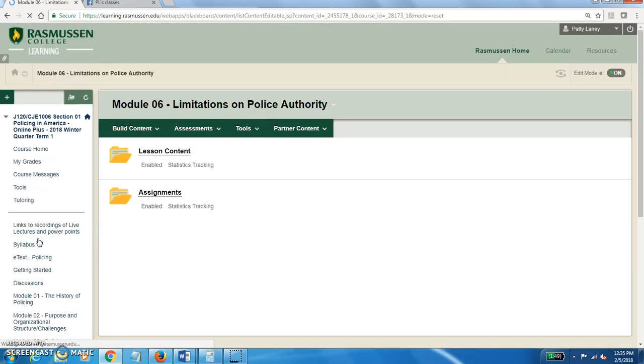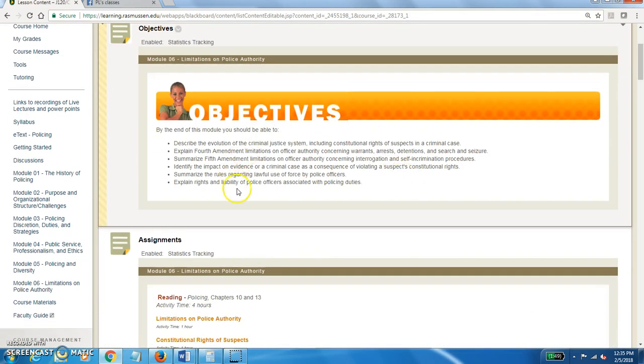So if we click on Module 6, lesson content, here are the objectives that are guiding our studies for this week. And again, the content for this week focuses on constitutional rights of citizens, of suspects, when law enforcement officers make traffic stops or they have encounters with citizens.